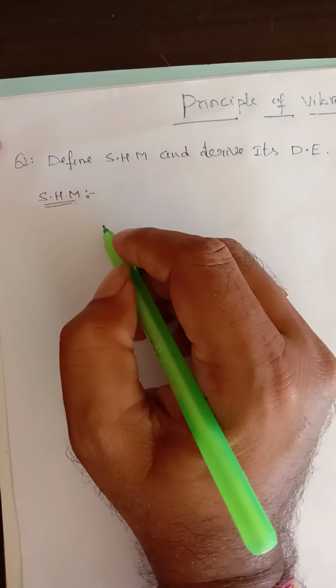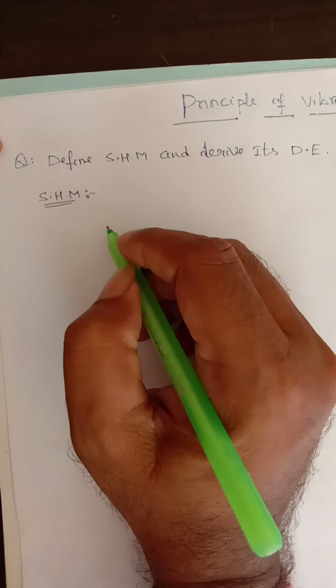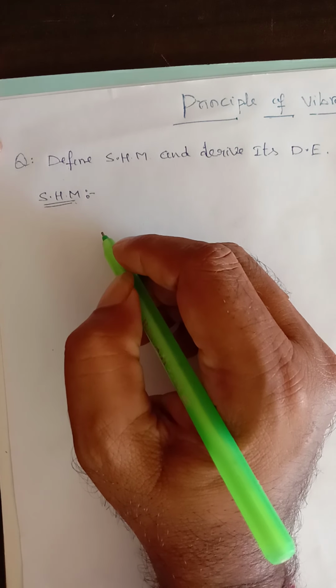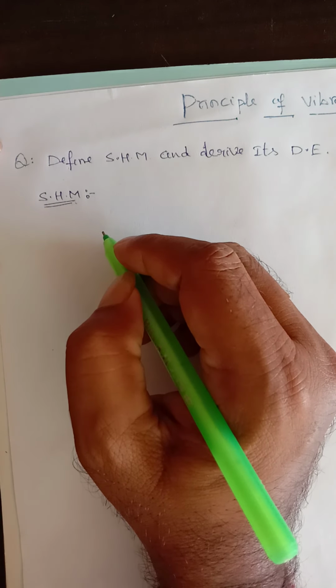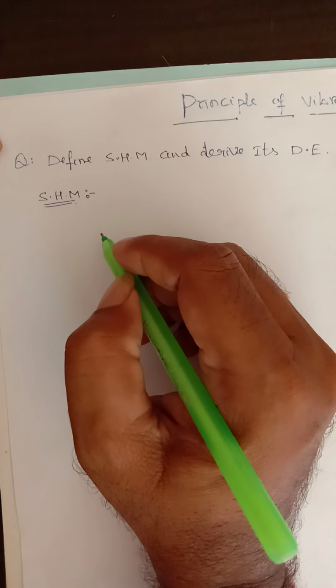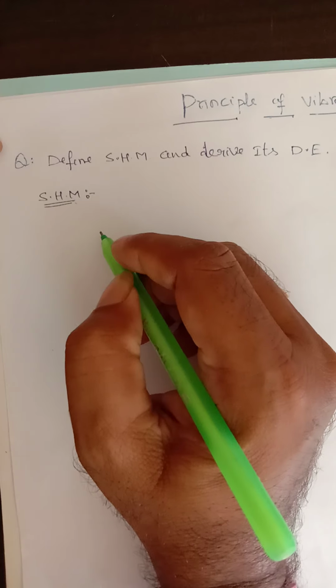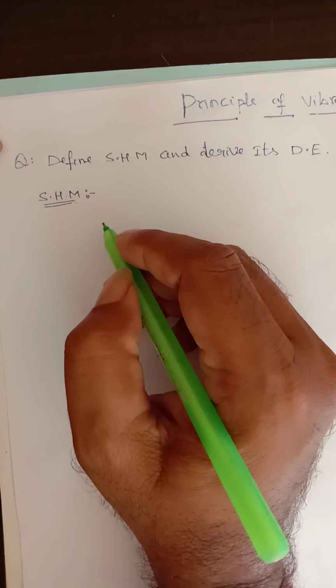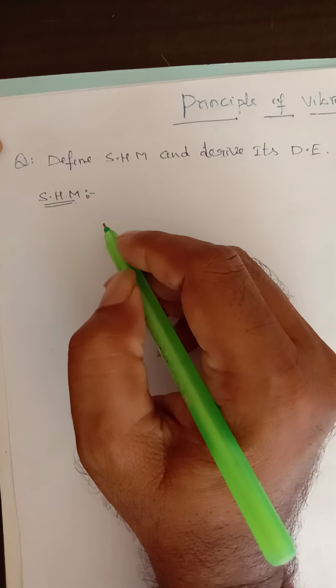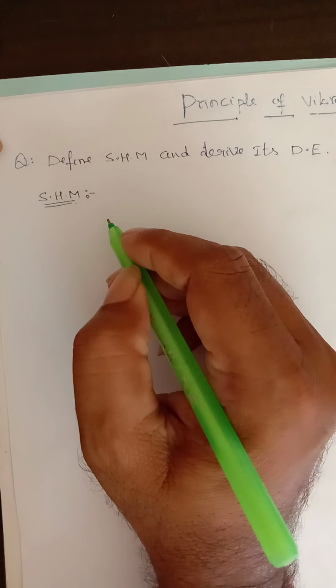Definition: a particle is said to be in simple harmonic motion if its acceleration is directly proportional to the displacement, opposite to the displacement, and directed towards a fixed point.